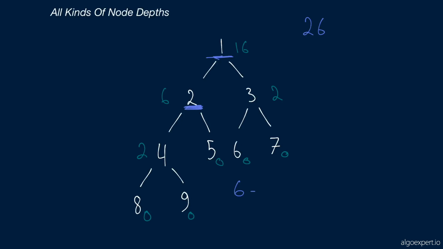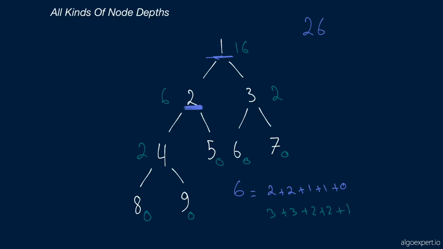To get this 6, we did 2 plus 2 plus 1 plus 1 plus 0. These were all of the depths of these 5 nodes relative to the node with value 2. But now the depths of all these nodes relative to the node with value 1 is all of these depths plus 1 on each of them. So suddenly it's 3 plus 3 plus 2 plus 2 plus 1.